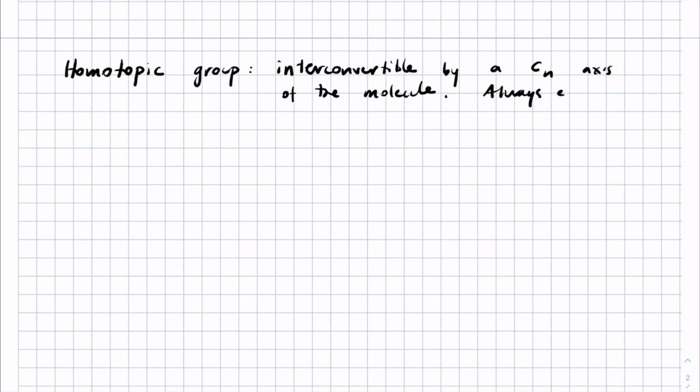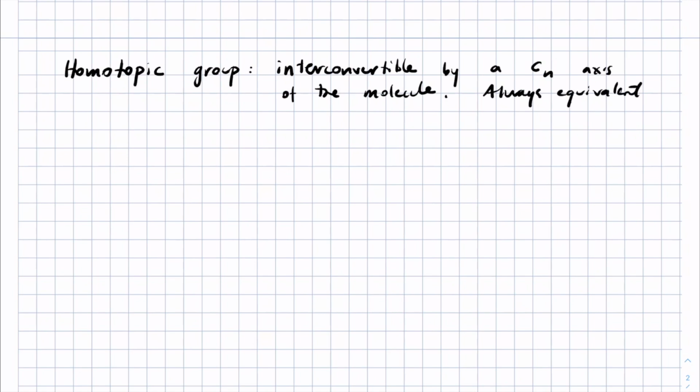So a homotopic group is any group that is interconvertible. Two groups are homotopic if they're interconvertible by a Cn axis of the molecule. And groups that are homotopic are always equivalent, even in a chiral environment.